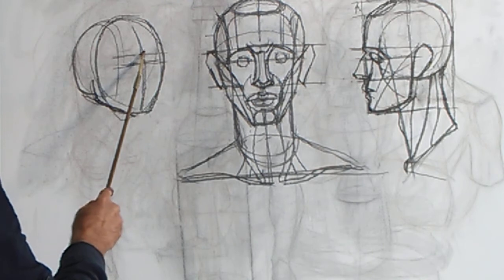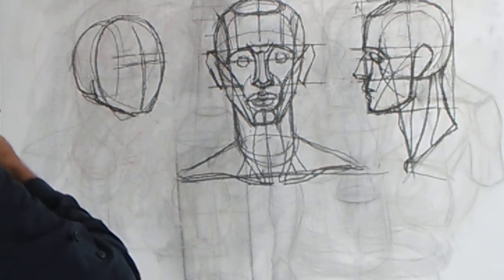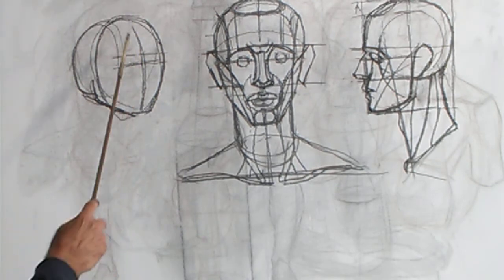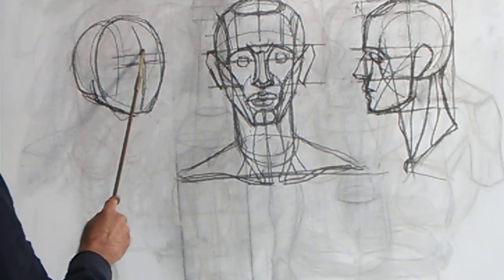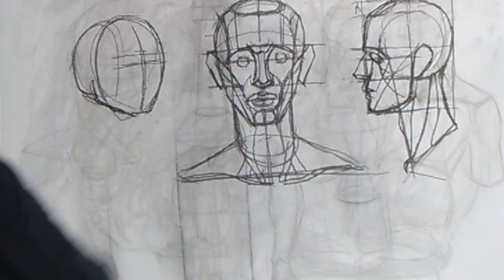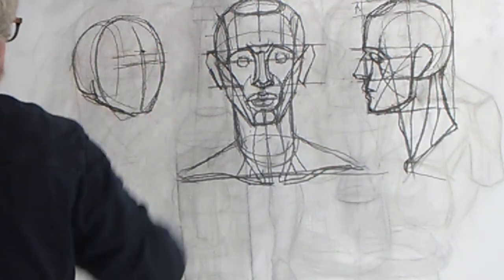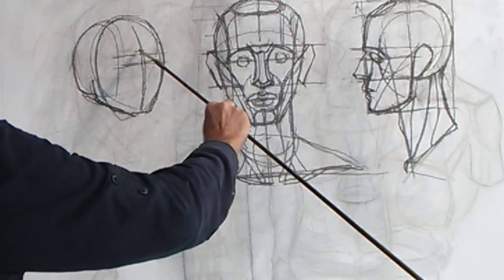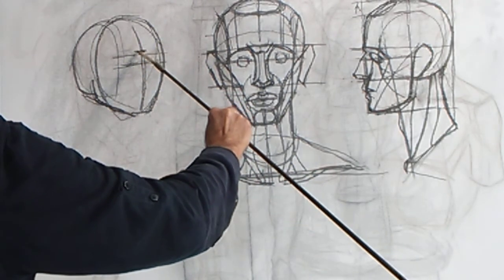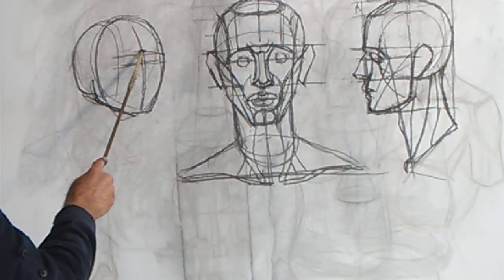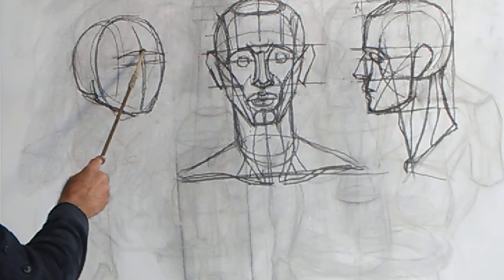So what happens with our glabella and the brow line, and that's what I want to kind of point out on this one, is if I make this a little high, about there, and is what happens to the curve is there's a curve in here that's going to kind of curve down like this, because we're looking up a little bit, and this is going to curve down like this.